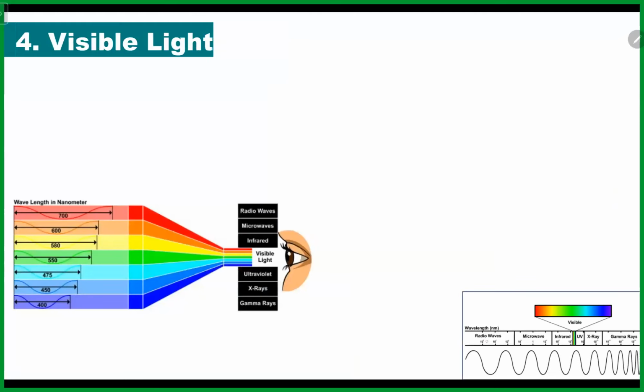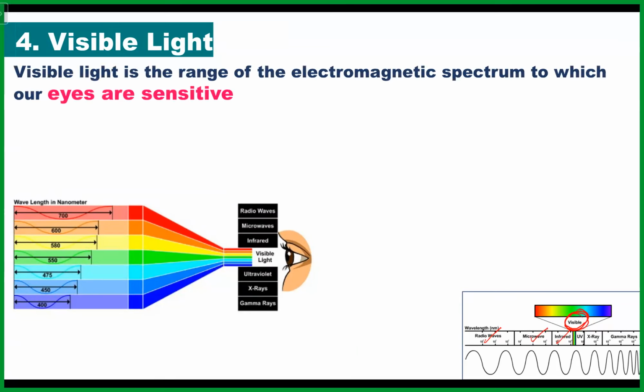So we've covered radio waves, microwaves, and infrared, and we are coming to the fourth type of electromagnetic waves, which is visible light. Now, visible light is a unique type of electromagnetic wave because visible light is the range of the electromagnetic spectrum to which our eyes are sensitive.